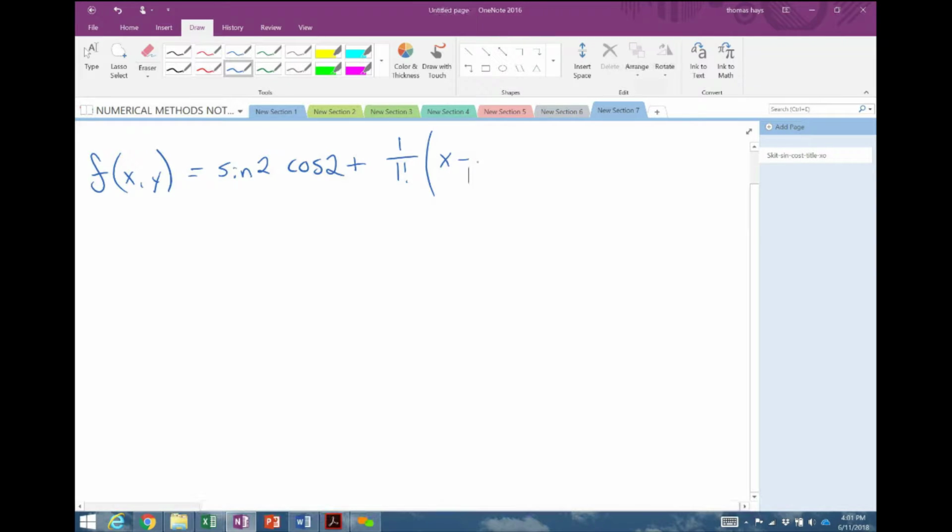So I'll have x minus 2 times df dx, the derivative of the function taken with respect to x at x naught y naught, which for our case is 2 and 2. In our case, the derivative df dx just results in a function of cosine 2 cosine 2.